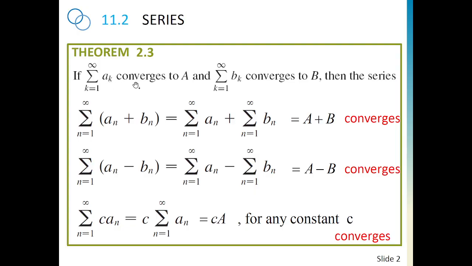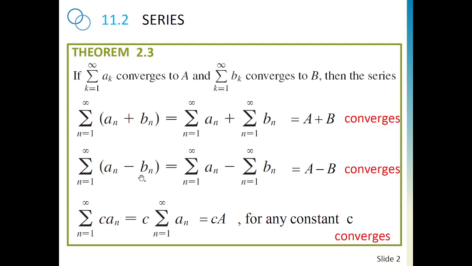So if I have two converging series, so series AK is convergent to a number A, and series BK is convergent to a number B. So if I add AK and BK, what will happen is I actually add the two series, and since each one of them is convergent, the sum is also convergent, and it's converging to A plus B. That's what we would expect anyways.